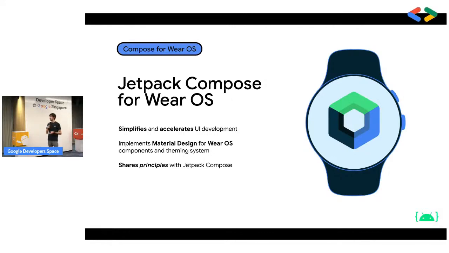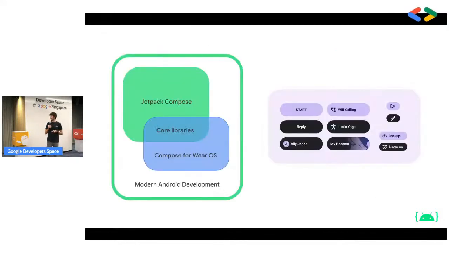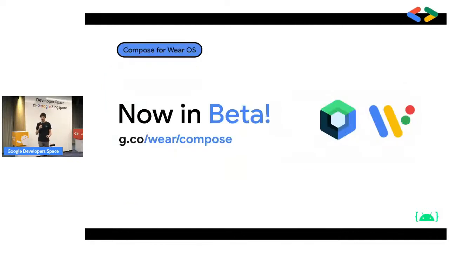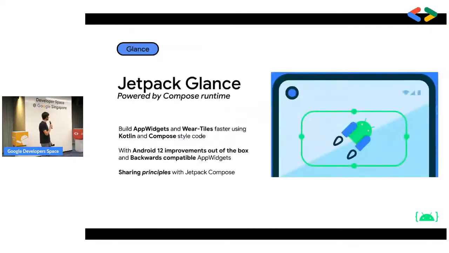You automatically get some Material Design components out of the box with Compose, and it shares a lot with app development in Compose. There are core libraries that are shared together, but there are also some new components that are only available for Wear, like circles and different types of behaviors on the watch. It's now in beta, so if you want to try it, you can go to this link, and there are new documents and codelabs and so on.